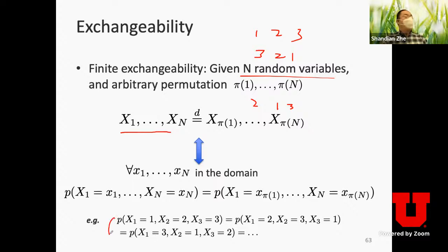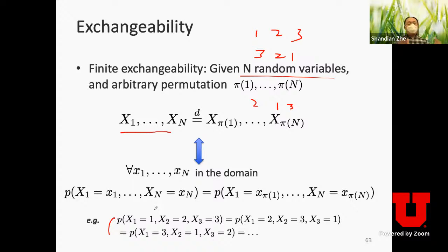Here is one concrete example. Although stating this definition is kind of weird, the example is very simple. Suppose we have values x1, x2, x3, and we can take a sequence of values 1, 2, 3.